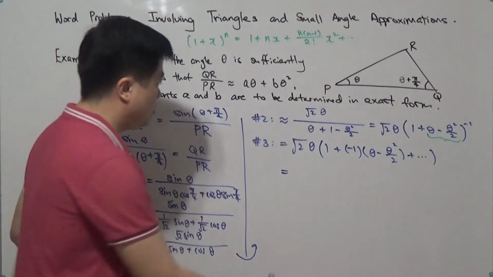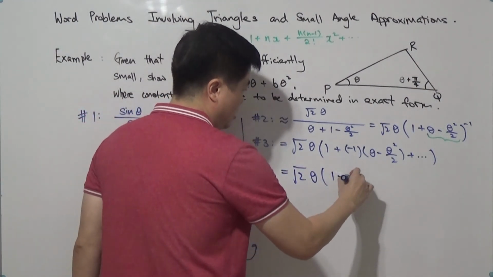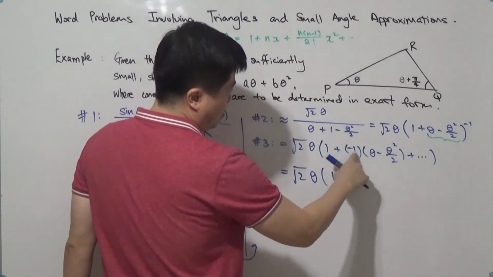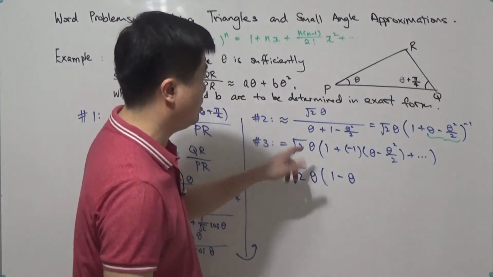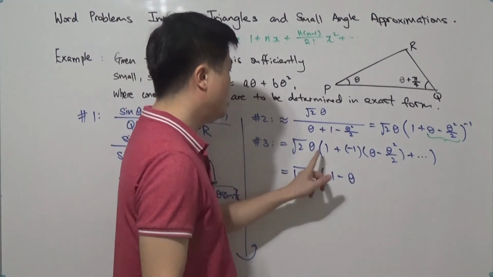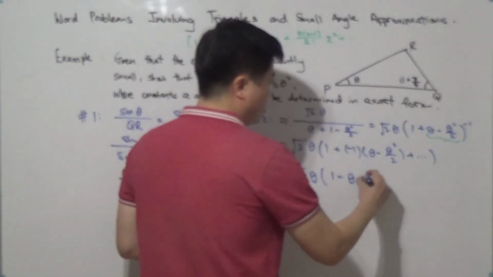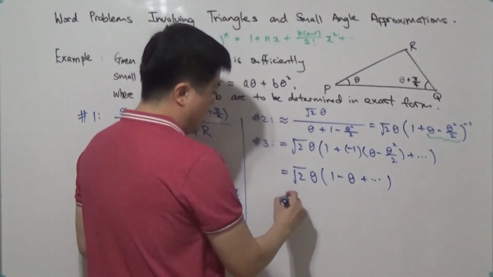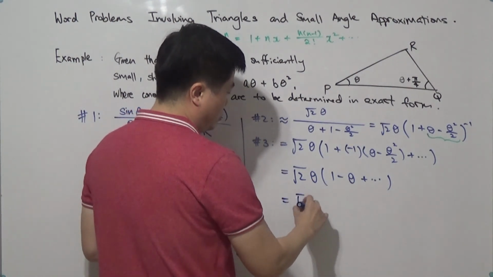Now, let's move on. We are going to simplify this. So we have 1 minus theta. And then the one over here is the plus theta square. We don't really need it as well, because when you have the theta square over here, you get theta times theta square. Again, we have theta cubed, which is not required. So I'm just going to put plus dot dot dot like this. And then after that, we can expand this, which will give us square root 2 theta.